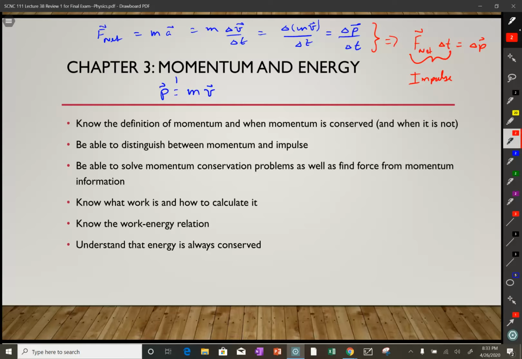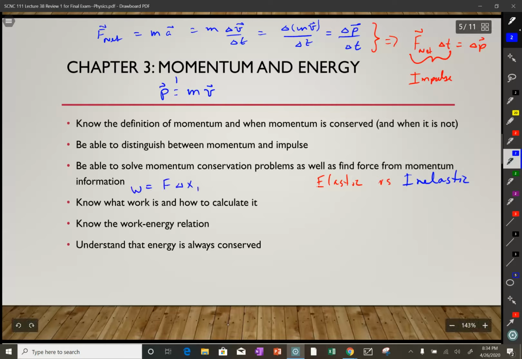Remember that in collisions, we had 2 types of collisions, elastic and inelastic. And those had to do with energy. So we have to talk about energy before we can really talk about those. Make sure that you know that work is equal to force times the distance parallel to that force.